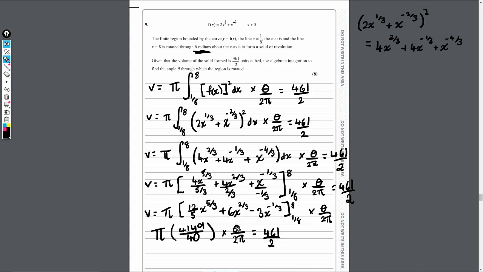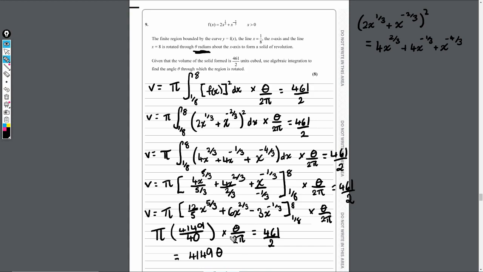So now, we just need to obtain theta. And well, to do that, I'm just going to have to simplify, right? So, simplifying here now, I can times this theta, this pi with this 4,149 over 40 here, and then multiply across. And clearly these pi's are going to cancel. So, what I'm going to get here is 4,149 theta divided by 2.